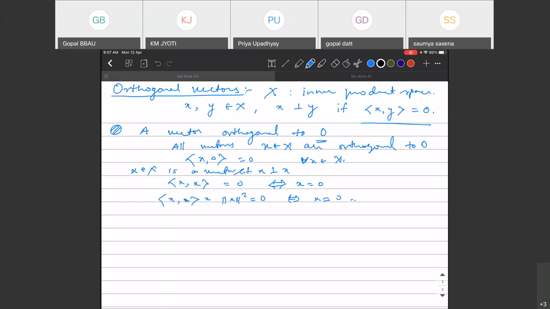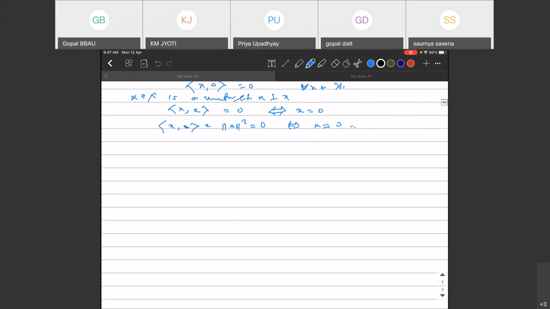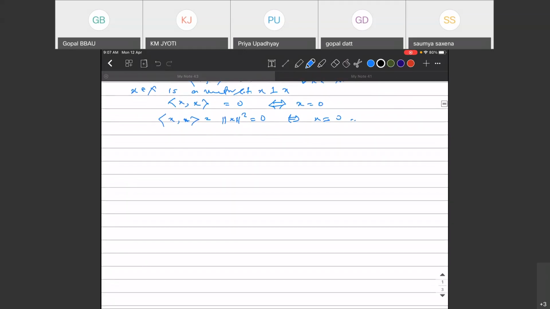Then last time we saw the Pythagoras theorem, and then we defined the orthogonal complement of a set. Let us recall that as well.